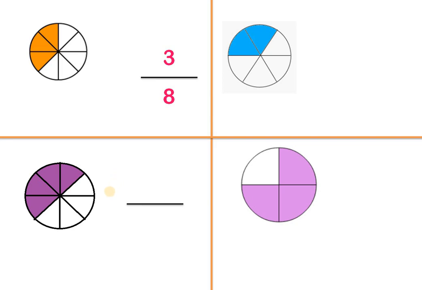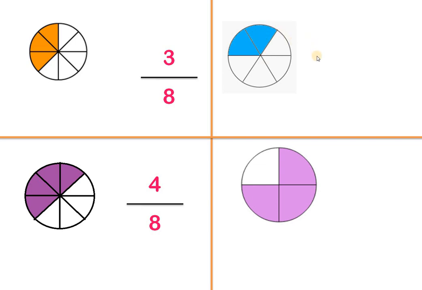The bottom number is 8. Let's find out how many purple parts there are. 1, 2, 3, 4. The top number is 4. 4/8. Let's move on to the third one.